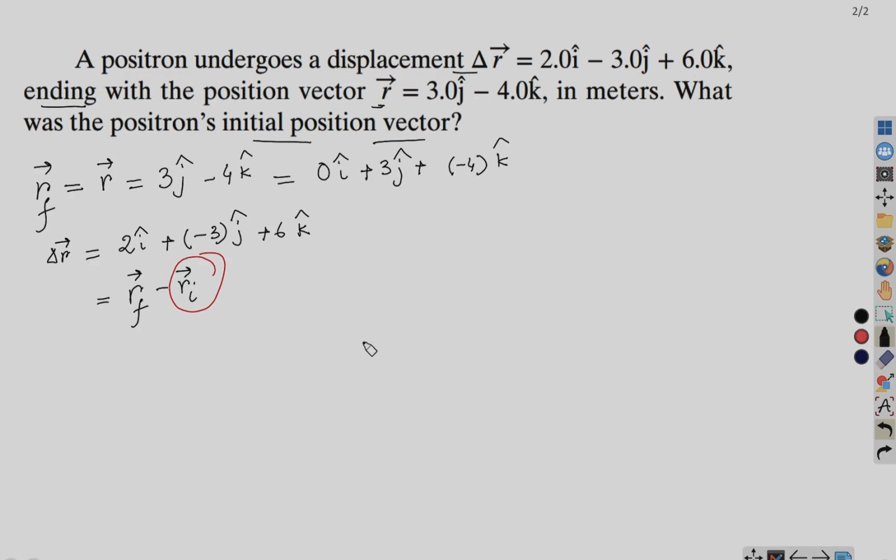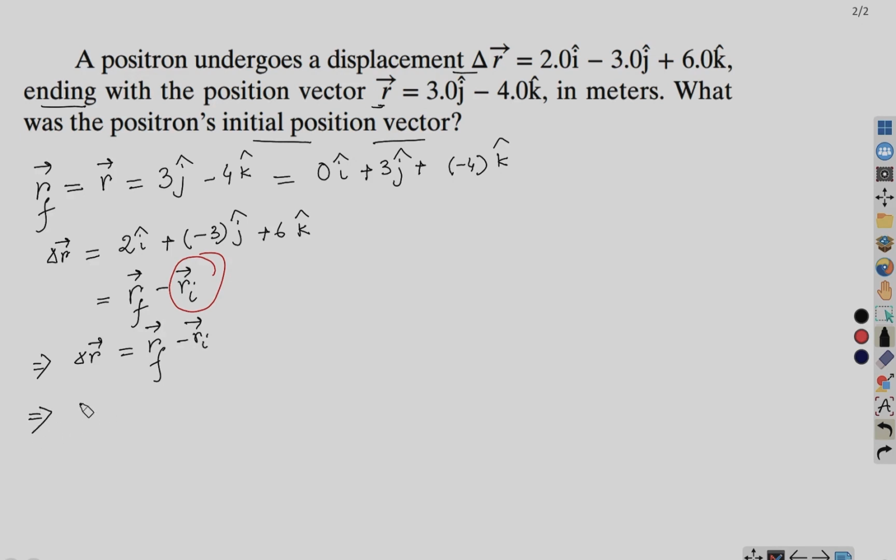So it's very simple. We know Rf, we know delta r, so we just have to do the arithmetic here. Delta r vector equals Rf minus Ri.